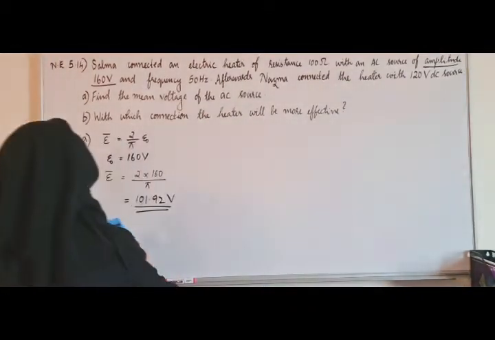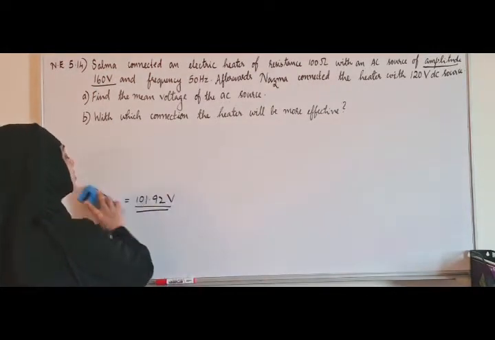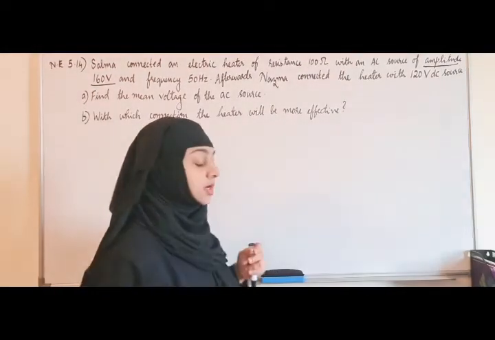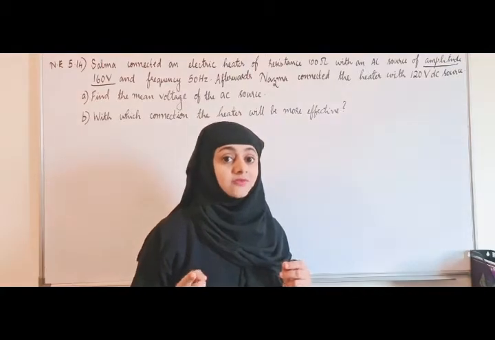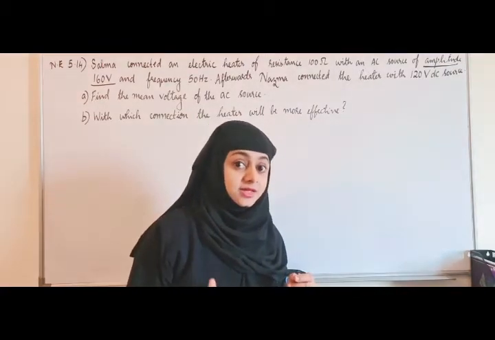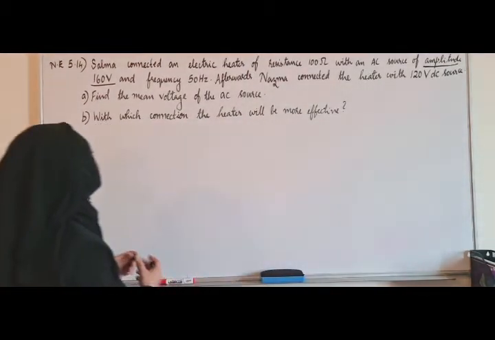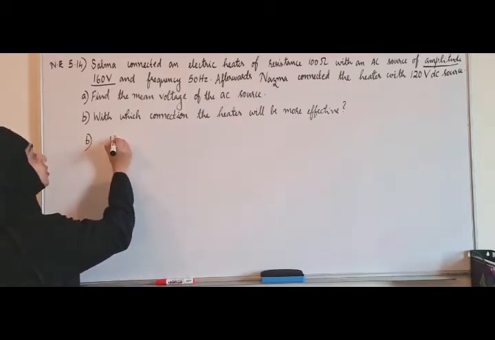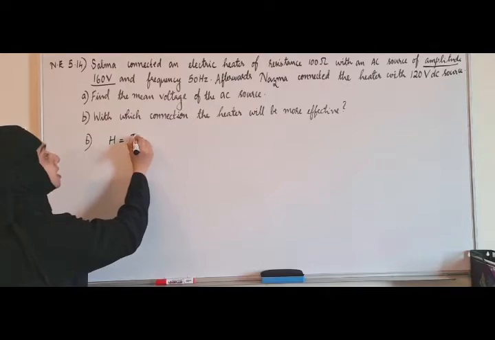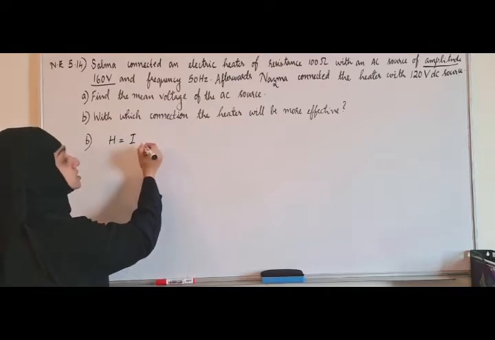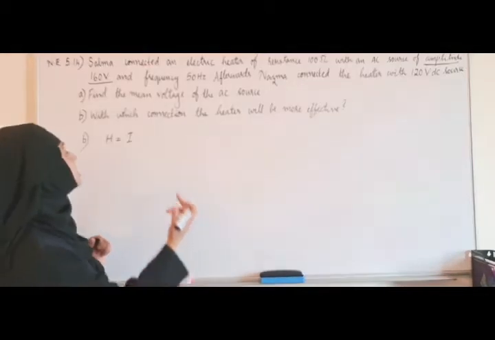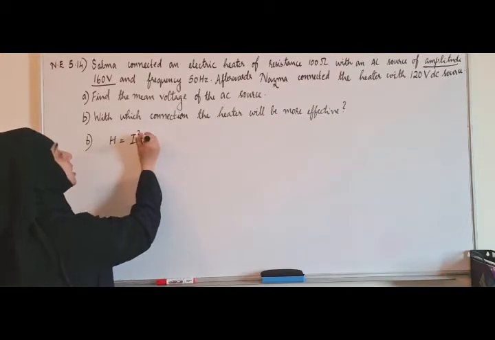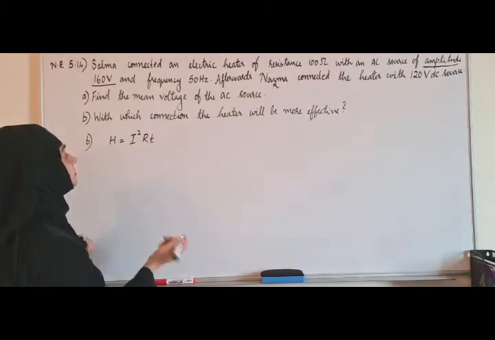So what is the amount of heat produced when current flows through a circuit? We have learned that in the heating effect of current by Joule's law, we know that the amount of heat produced when current I flows through a resistance R for a time T is H is equal to I square RT.